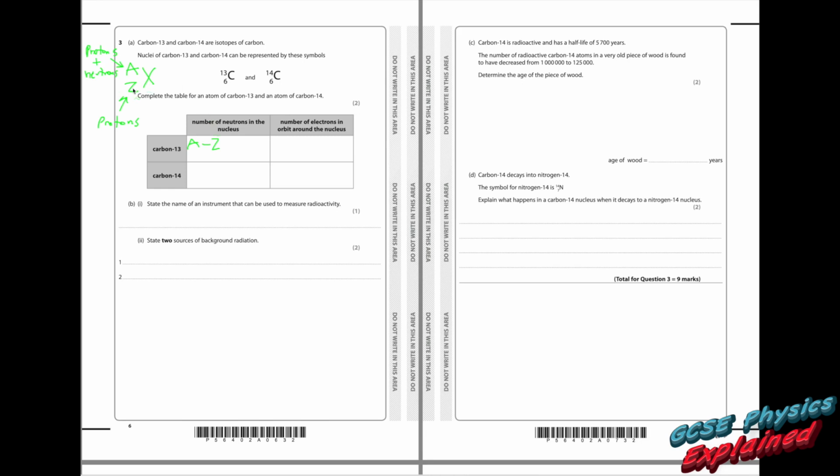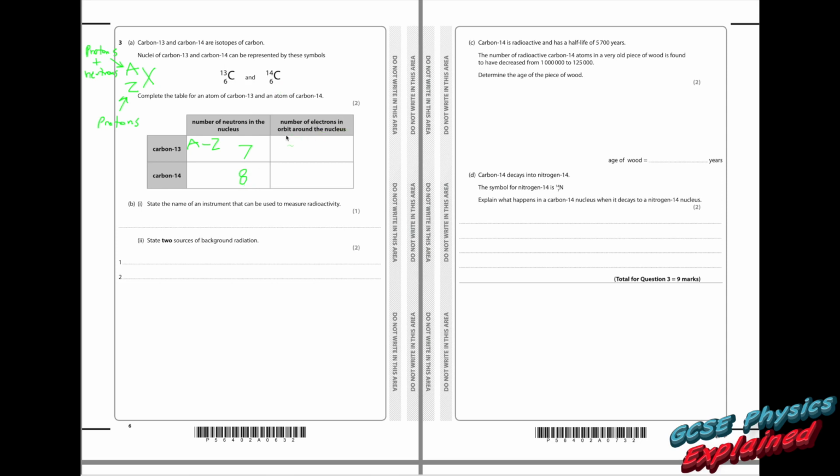So if we take the number of protons away from the number of protons and neutrons, we just get the number of neutrons. So A take away Z for carbon-13, 13 take away 6, which is 7. And if we do A take away Z for carbon-14, that's 14 take away 6, which is 8.